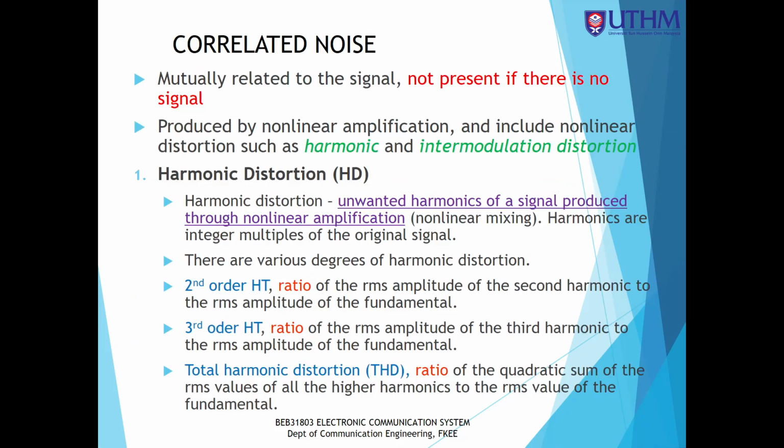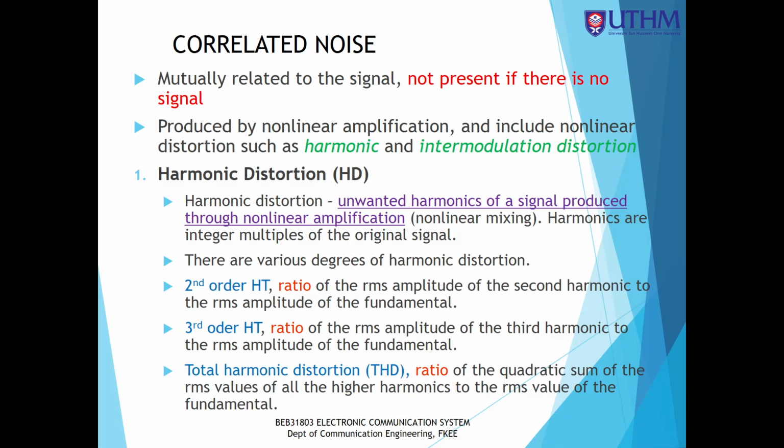Okay, correlated noise. So this is the other type of noise. Remember, correlated noise is the type of noise that is only present when there is a signal. It is not present if there is no signal.